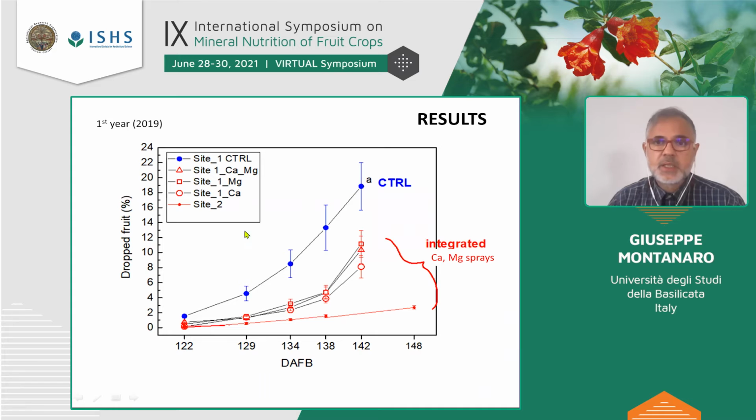About the results, you can see that in the first year, this is the fruit drop dynamic in the control plot, and it reached about 20% in about 20 days, while in the integrated plots, the fruit drop was significantly reduced, particularly at site 2.